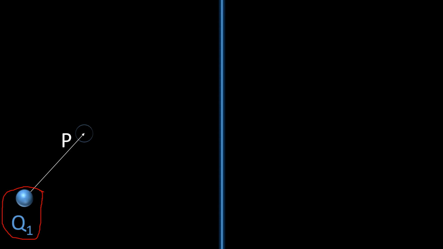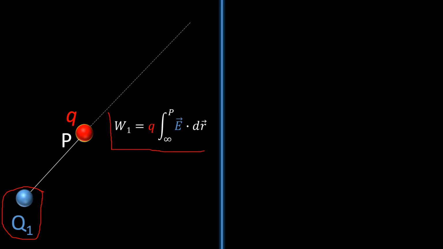Now consider another charge q, which is at a very large distance, maybe infinity, and from there when we bring the charge to point P, we need to do work. Why do we need to do work? Because the electric field of q1 is in this direction, away from q1, and our test charge is brought against the electric field. So we are spending our energy, and so this work done W1 will be positive.